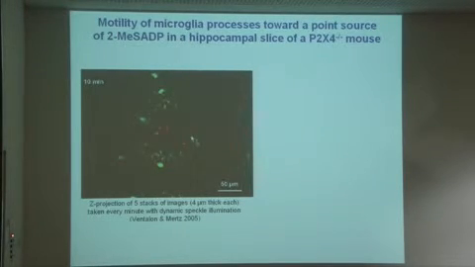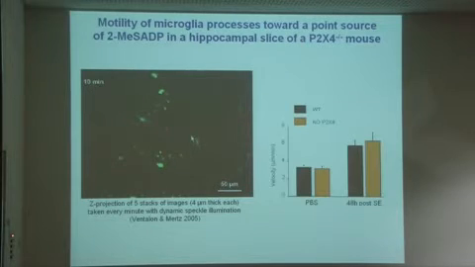So this is a similar type of experiment to what I just showed you before, because P2X4 was also proposed by some authors to be important for the polarization and process extension of microglial cells. In fact, when we compare the knockouts to the wild type, either in the control condition or in the epileptic brain, we see no difference between the two genotypes. Sorry.